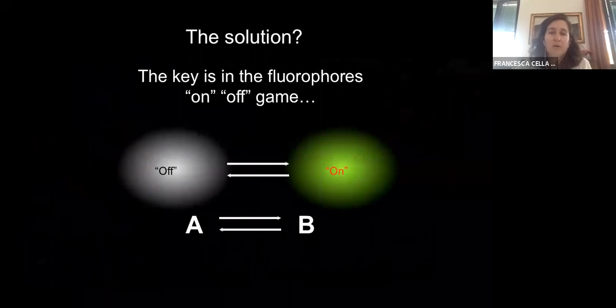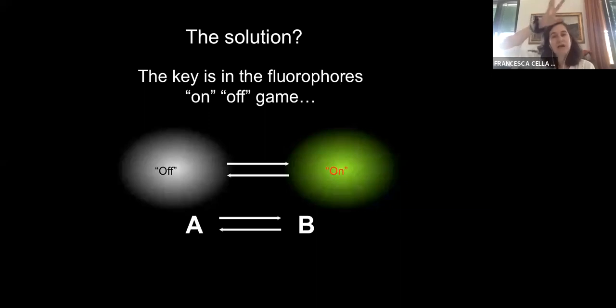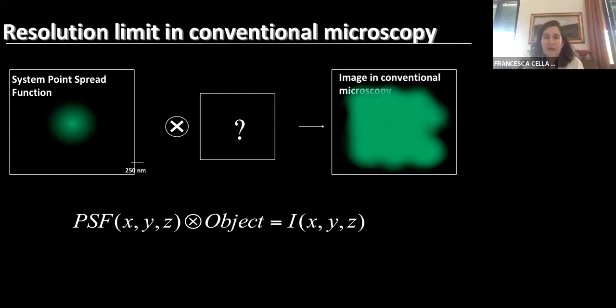But what about if we can switch on and off when we want our fluorescent probes? So if we can identify two states, the dark state and the bright state of our fluorophore, then we can switch from one to the other in a controlled way, usually controlled by light. We can play a game. So the idea is that we are still using conventional microscopy.